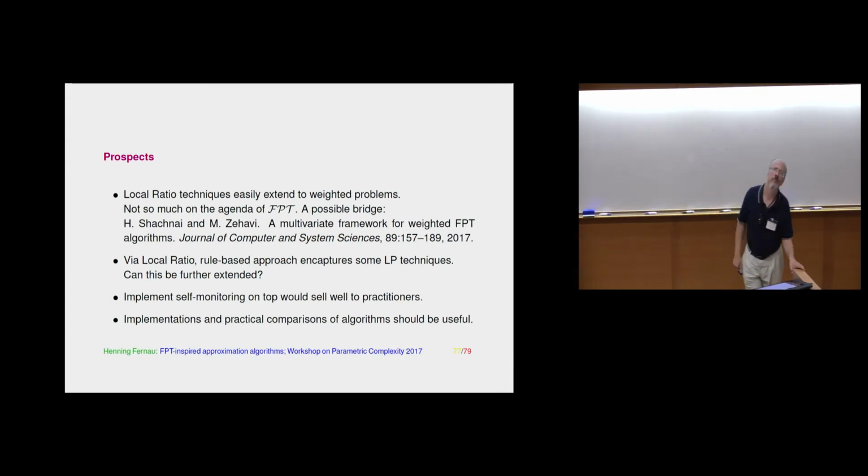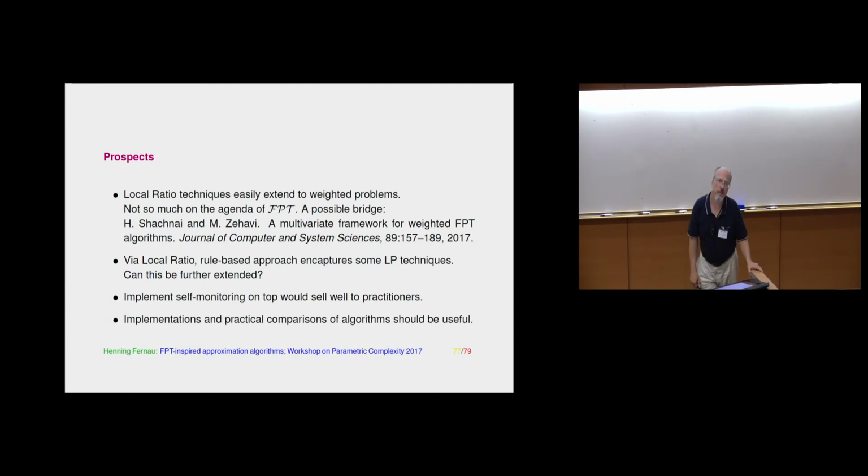But it may be that we FPT guys simply looked into wrong parameterizations there. I don't know whether you're aware of this paper of Hadas and Meravi, pretty recent JCSS. So they basically parameterized with a number of vertices, say, in the solution set, not by their weight.